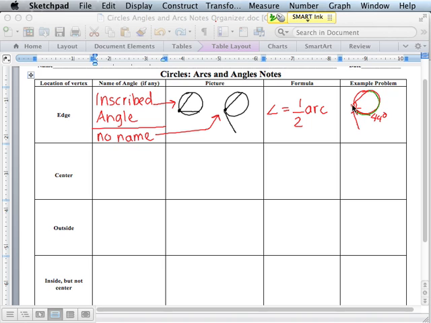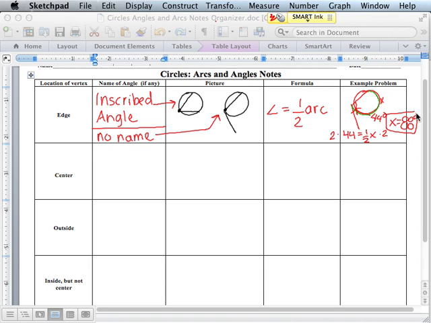Well, the angle is half the arc, so if I substitute it into the formula, 44 equals 1/2 x. I'm going to call this x. If I multiply by 2 on both sides, I get that x equals 88 degrees. So that means that this green arc here measures 88 degrees. So the angle is half the arc when the angle is on the circle.